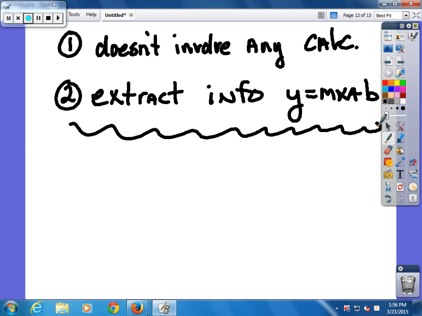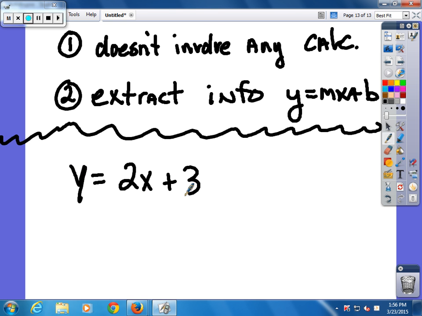So let's do a problem. And here's an example. y is equal to 2x plus 3. There's our example. Now, the first thing I'm going to do is rewrite it. You don't have to do this.